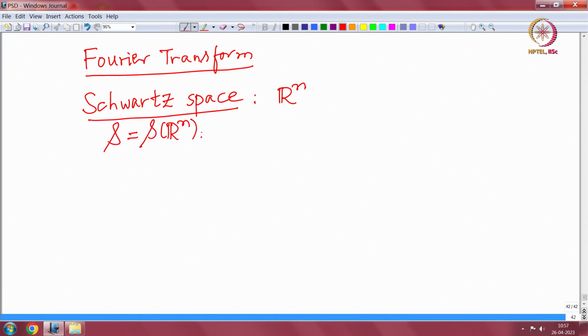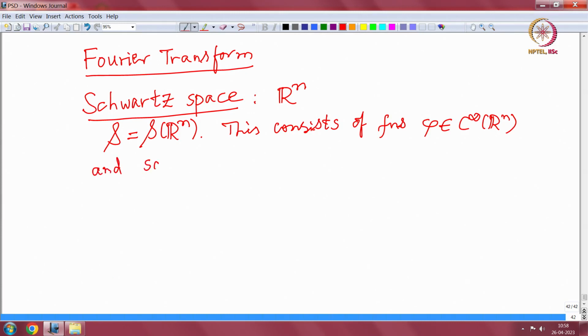Okay, so this consists of functions. Let me denote by phi a typical element, which are C infinity, infinitely differentiable functions, and satisfy the following conditions.